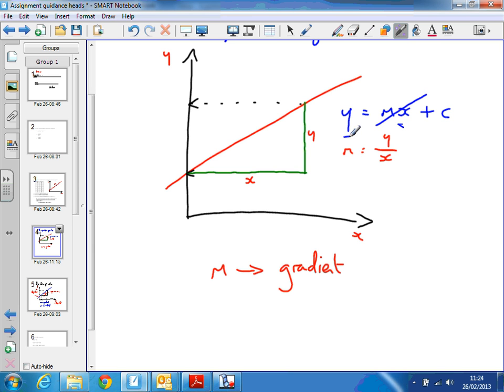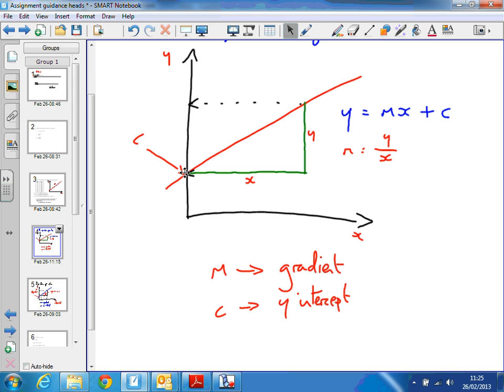So y would turn out to be just c. So if I go to where x is 0, which is this point, then that will be the value of c. So c is the y-intercept, where it cuts the y-axis. And that's here.